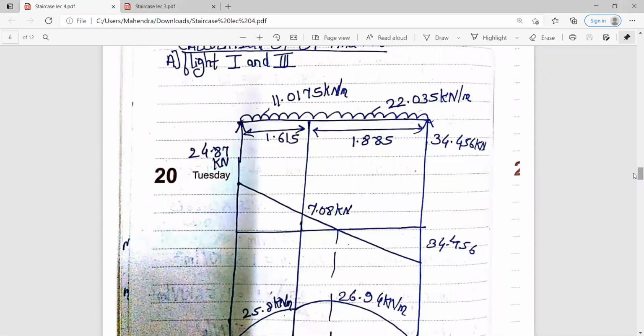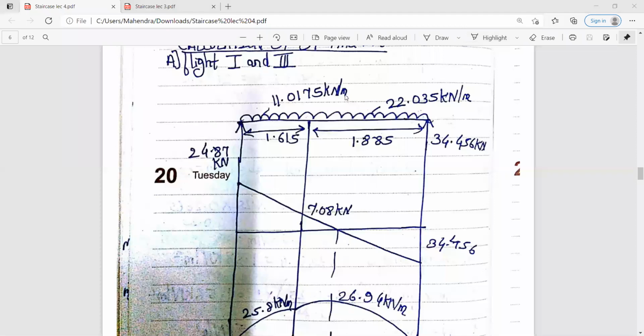Then you need to calculate the shear force and bending moment. Yes, everyone understood the loading calculations? Any queries in the loading calculations? If you are having any doubts, you can ask.